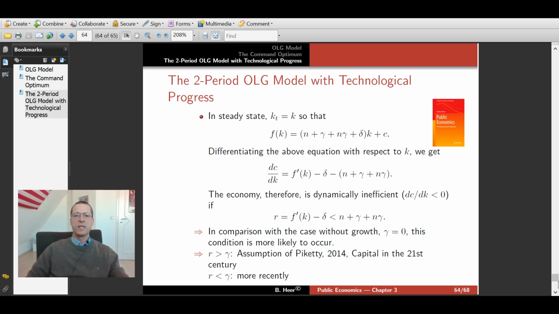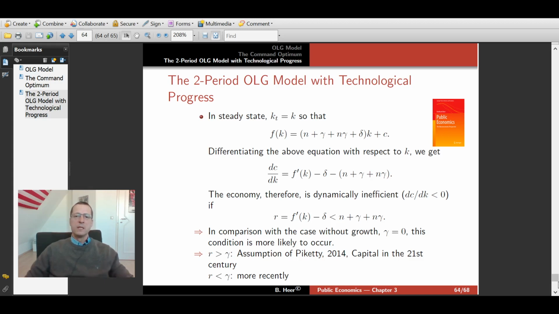Now when we differentiate this equation with respect to k, we get that the marginal product of capital F prime minus the depreciation rate delta minus n plus gamma plus n times gamma is the effect of higher capital intensity on consumption.